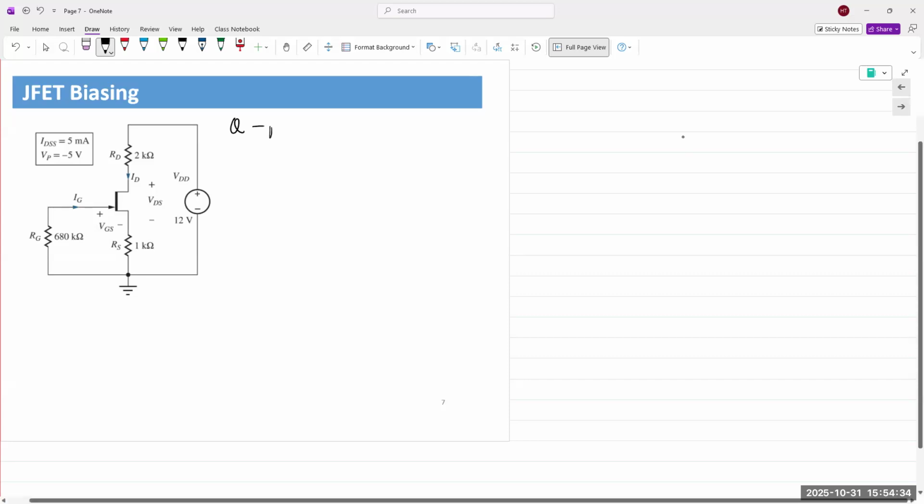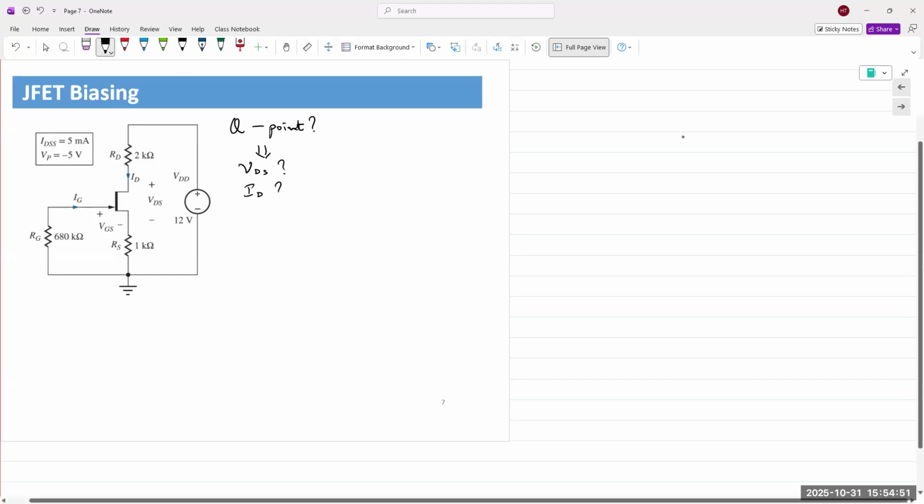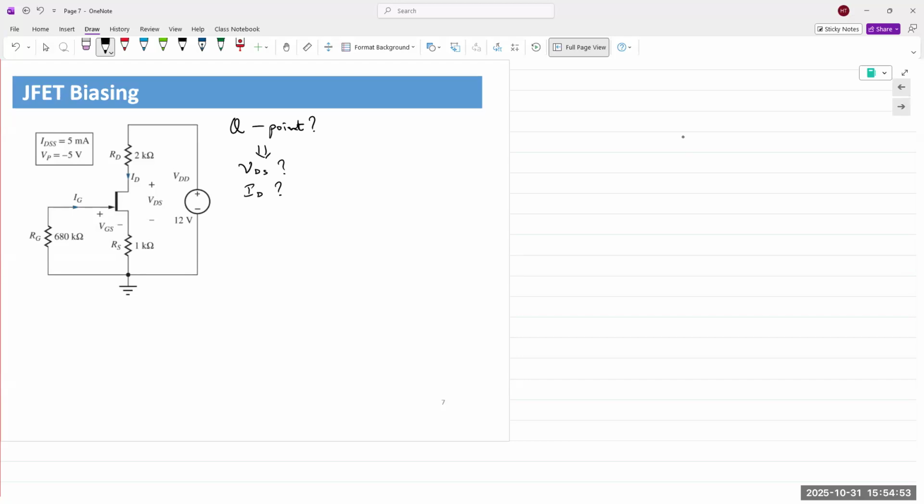So determine the Q point, meaning we need to find the voltage for the device and the current for the device. ID is not the diode current, it is the drain current in this case.